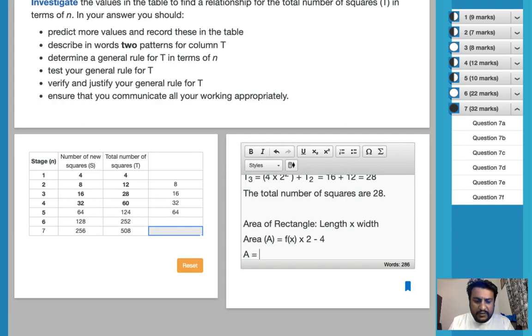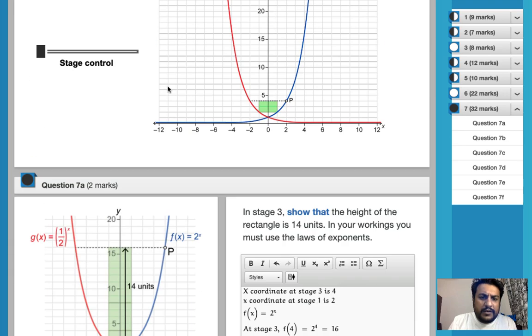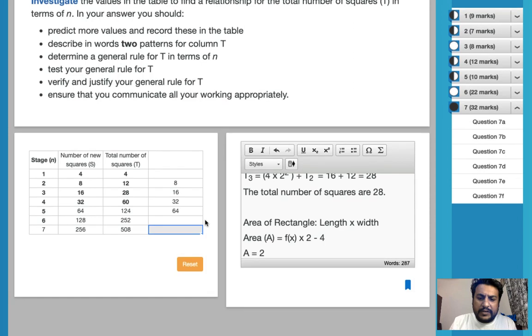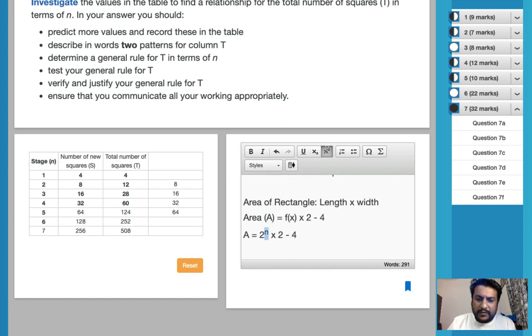Area is equal to, what is f(x)? 2 to the power n, or x. This is written 2 to the power x, but we'll write it in terms of n. So I write 2 to the power n into 2 minus 4. So this 2 goes into the power, and if I simplify, I can write 2 to the power n plus 1 minus 4.